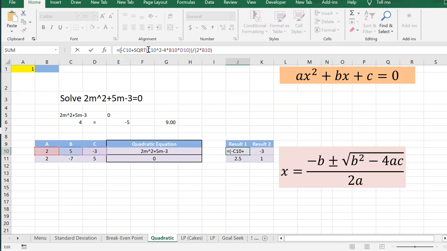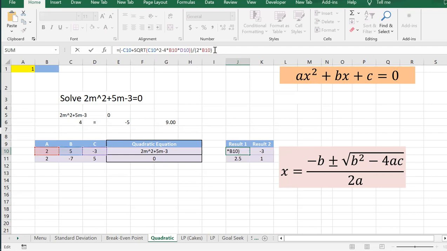And then as a square root, the square root is starting from here, right? The b square, that is 5 square, right? Minus 4ac, where a is 2 and c is minus 3, right? Then this whole thing divided by 2a, that is 2 into 2, that is 4, that's right.